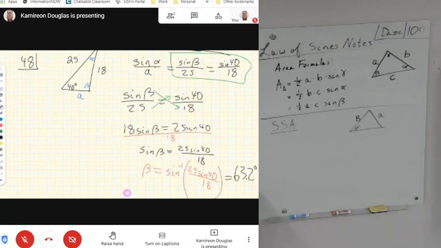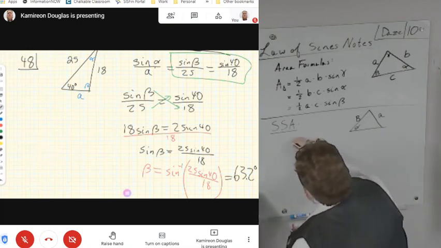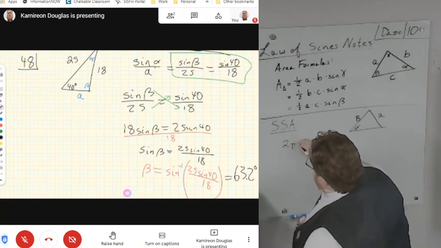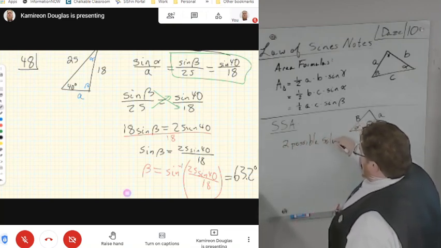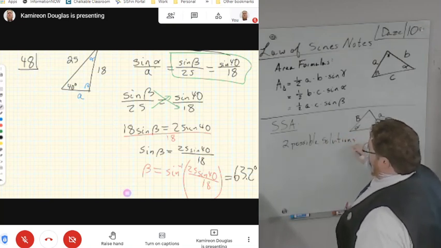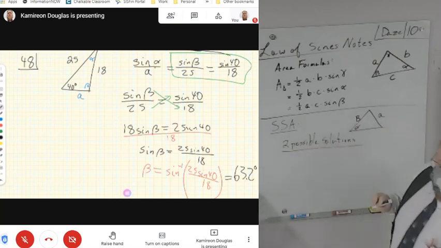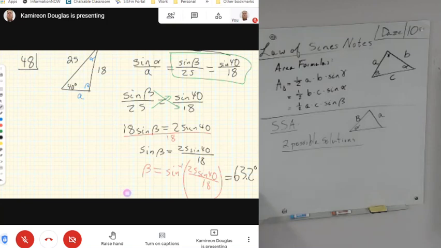There's a very simple modification to make to find the other solution. So, there are two possible solutions. The first one can be found directly. It will almost always be acute. The second one is found by taking 180 minus that angle.